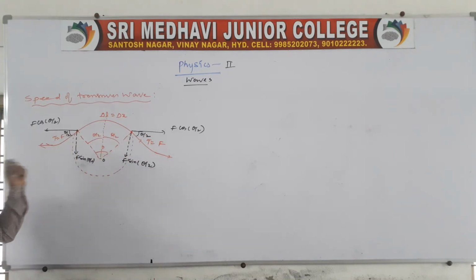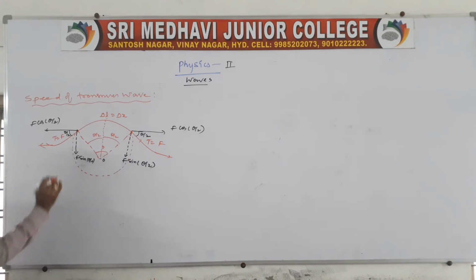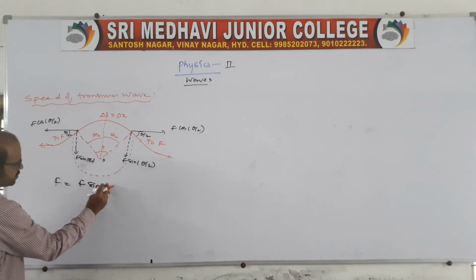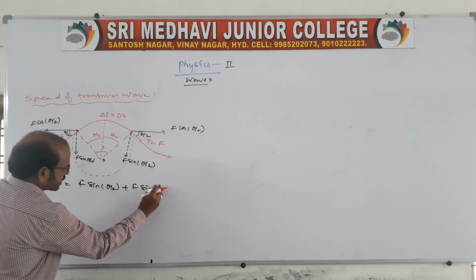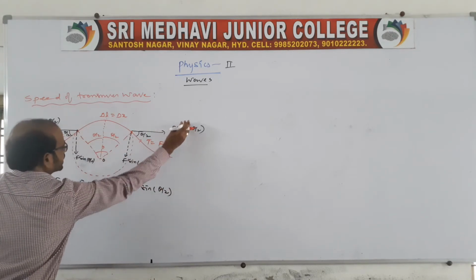The other components are F sin theta by 2 and F sin theta by 2, which are acting towards the center of the circle, that is, a centripetal force is acting. So F is equal to F sin theta by 2 plus again F sin theta by 2, because they are acting in the same direction. These two are acting in opposite directions, that's why we cancel them.